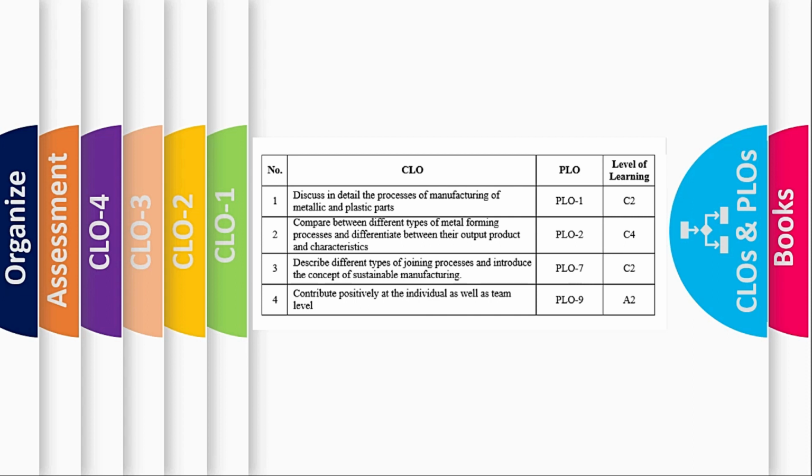The third one is describe different types of joining processes and introduce the concept of sustainable manufacturing. And the fourth one, which we will cover in the workshops, is contribute positively at the individual as well as the team level. So you have to perform certain duties as a team as well as individual jobs in the workshops.